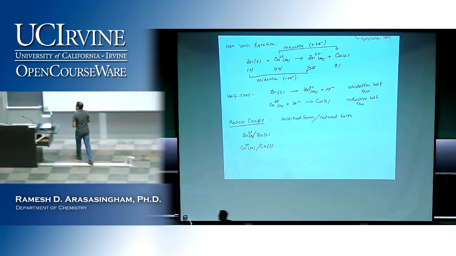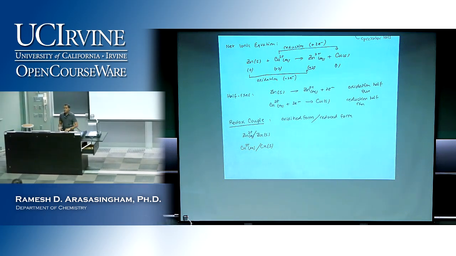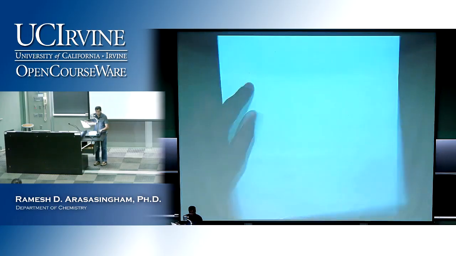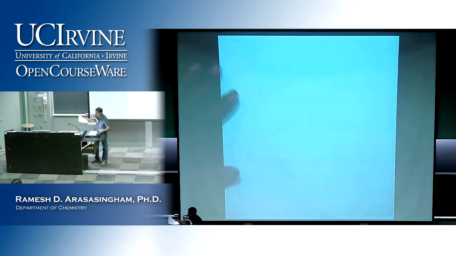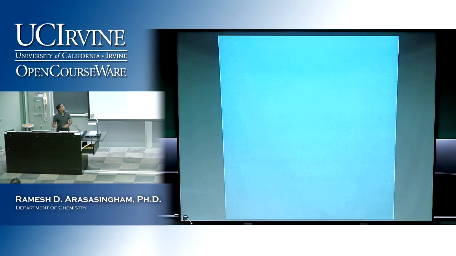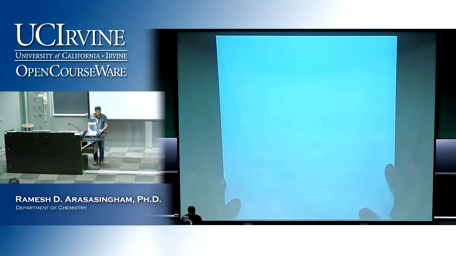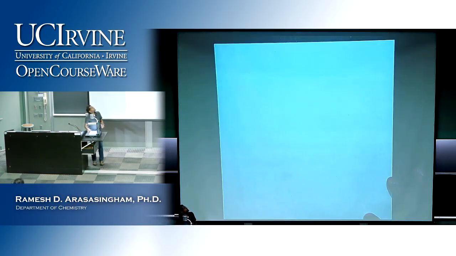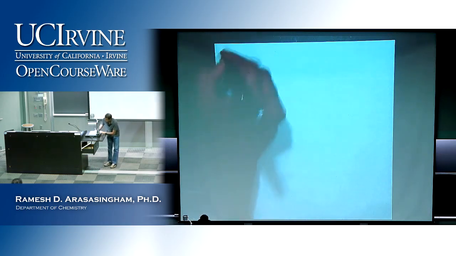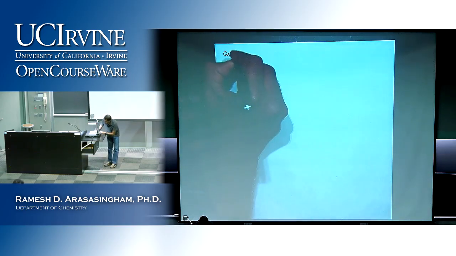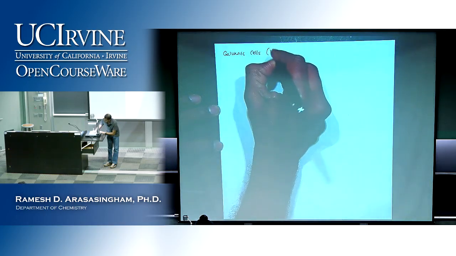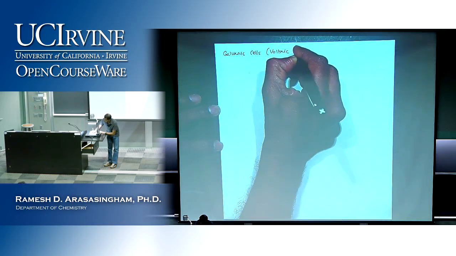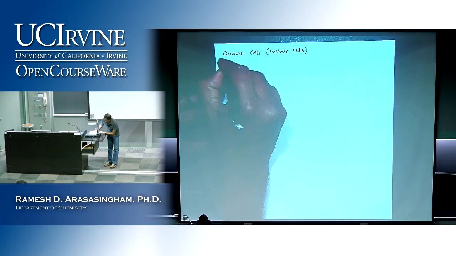Now, the reason we're looking at all of this is ultimately in electrochemistry, what we're interested in looking at are called electrochemical cells. So we're going to start looking at electrochemical cells, and let's define what they are. So ultimately, we're going to look at what we call galvanic cells, or sometimes the term voltaic cells are used.